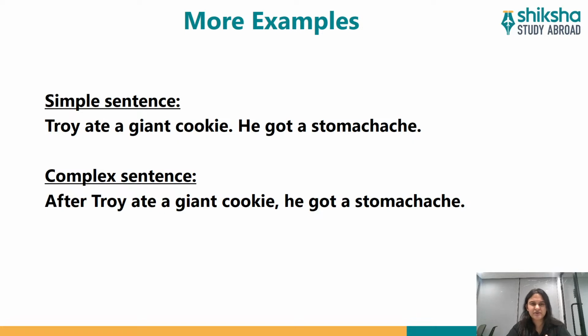So independent clauses are those clauses which are independent in themselves. They do not need any conjunction or any word to be added to become complete. And dependent clauses are those clauses where one clause depends on the other clause to get the sentence completed.